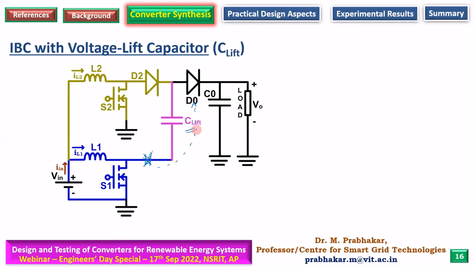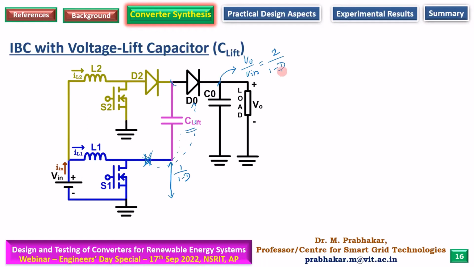As a result, you will find that between this point and this point, V0 by Vin is going to be 1 by 1 minus D. Another 1 by 1 minus D over here. So across output, if you take, V0 by Vin will be 2 by 1 minus D. Capacitor will have another 1 by 1 minus D between this point and this point.